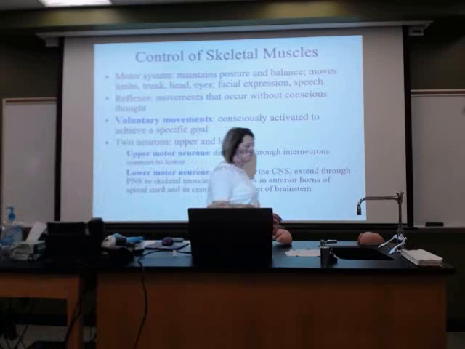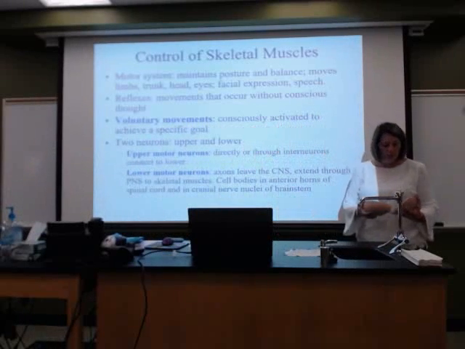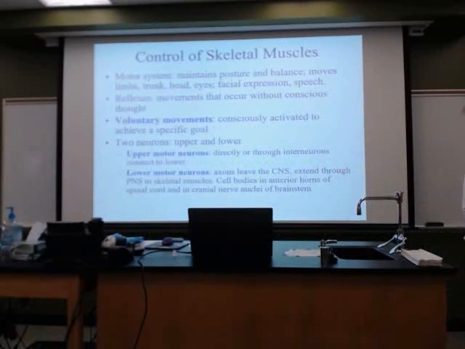Now remember, last time that we talked about neurons, where we would have first order, second order, third order, okay? That meant we had like first, second, third. So now, upper motor neurons, we're going to have this processing take place in the brain.